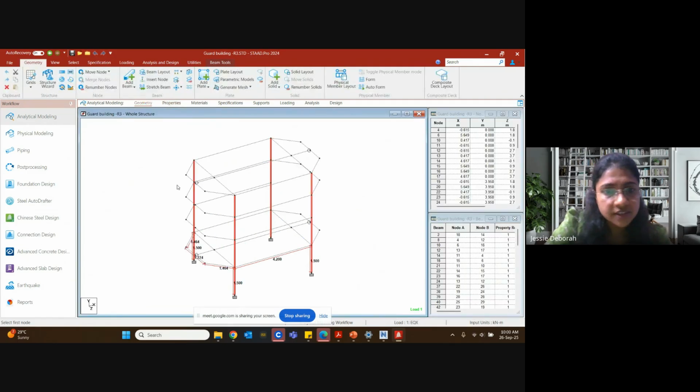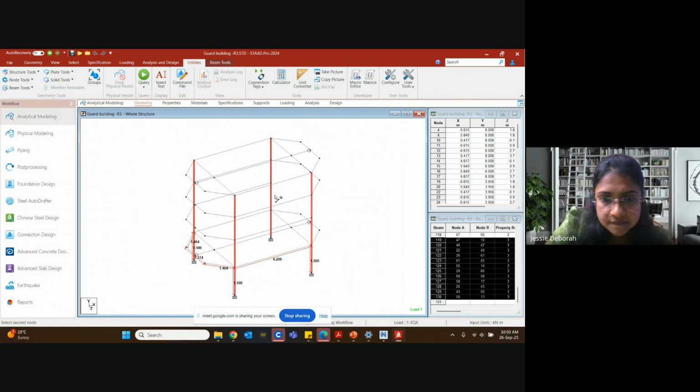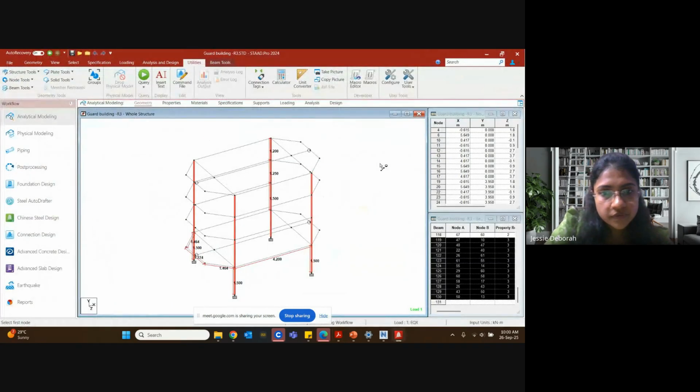First we will model this based on our requirement. The spacing between each of these is going to be, okay, 1.2 is your finish level.